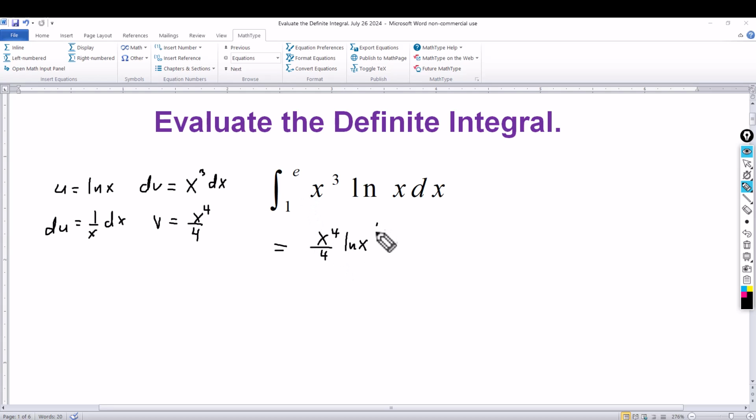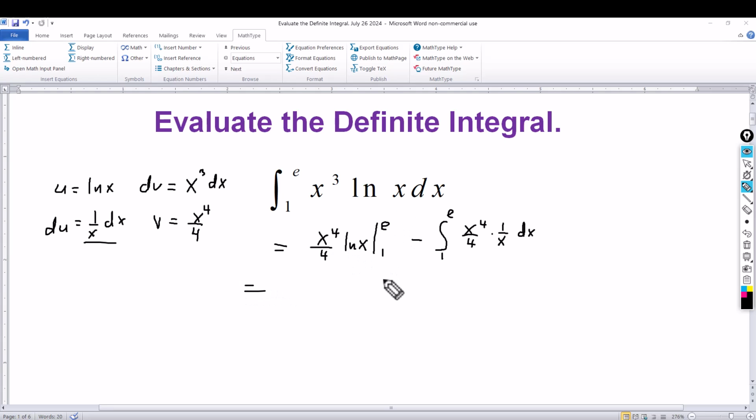But in this case, this has to be evaluated from 1 to e. And then the rest of the formula is minus the integral of v, which is x to the fourth over 4, times du, which is 1 over x dx. And again, the limits of integration are from 1 to e.